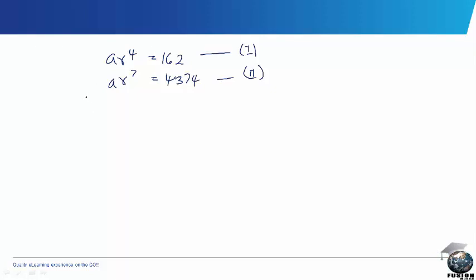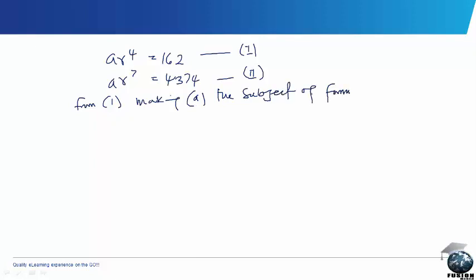From equation 1 we can make a the subject of the formula. We have that a r^4 is equal to 162, so that a is equal to 162 over r^4. I call this my equation 3.